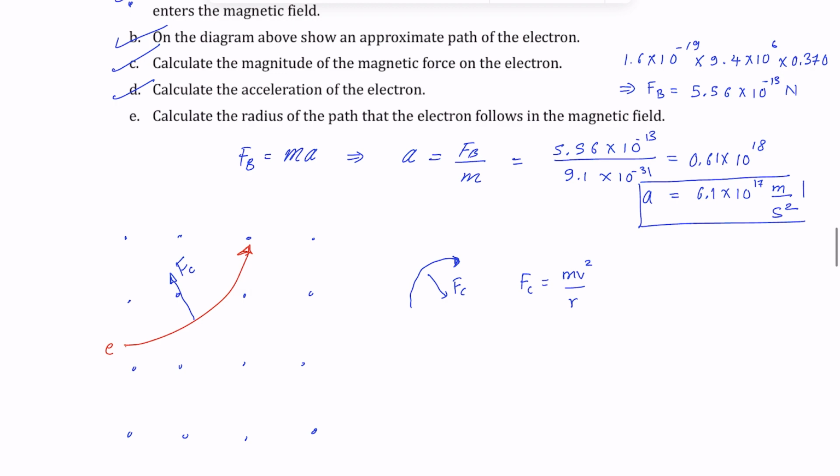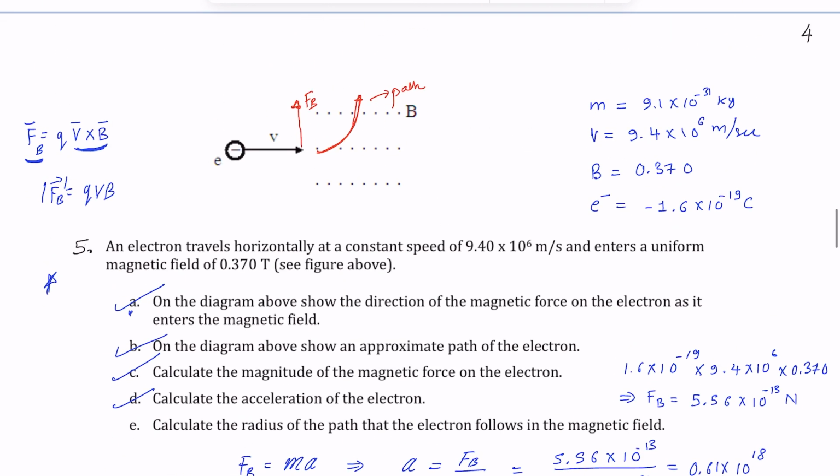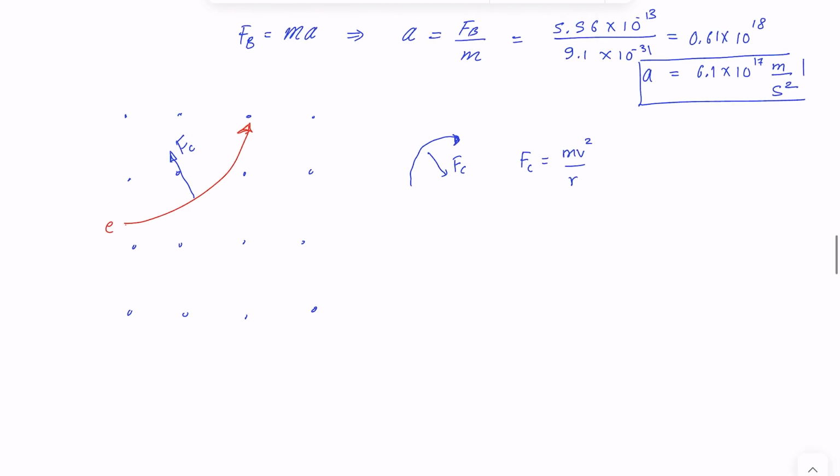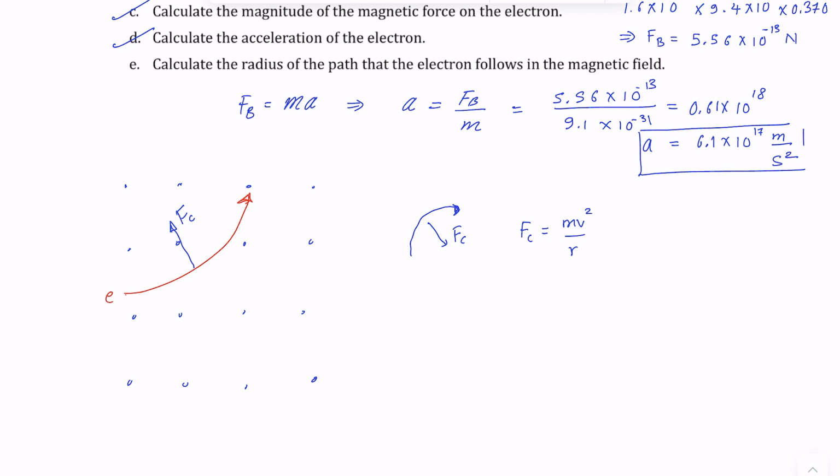This was a classic case of me just not thinking. So velocity is given to us. Nice. So this will be F equals mv squared over r. And this balances the magnetic force, right? Because the magnetic force is equal to the centripetal force.